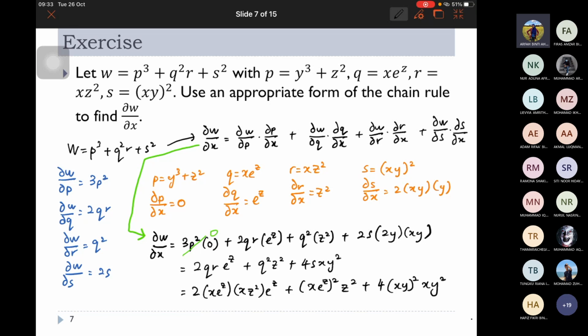Banyak gila sebutan. So dapat 2 X kuasa 2 Z kuasa 2 exponential 2Z. Okay. Tambah dengan X kuasa 2 Z kuasa 2 exponential 2Z. Tambah 4 X kuasa 3 Y kuasa 4. So ini jawapan dia. Partial derivative of W with respect to X.